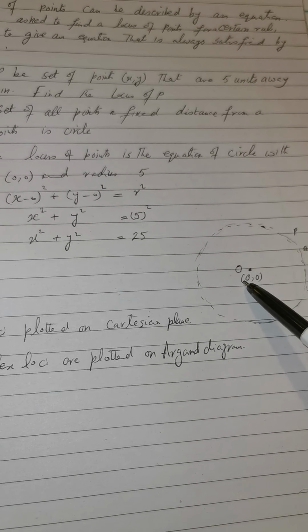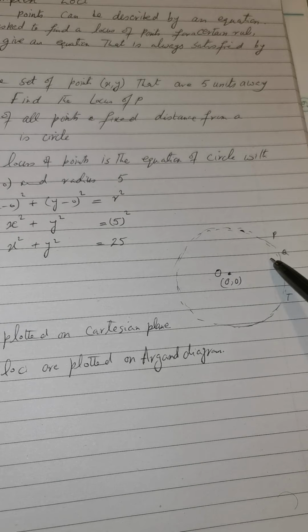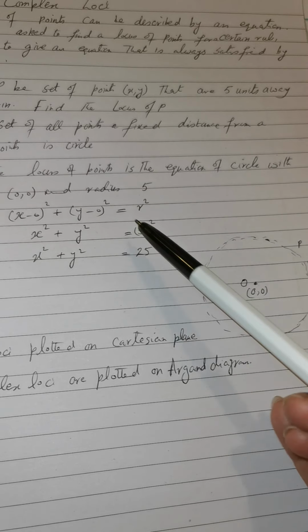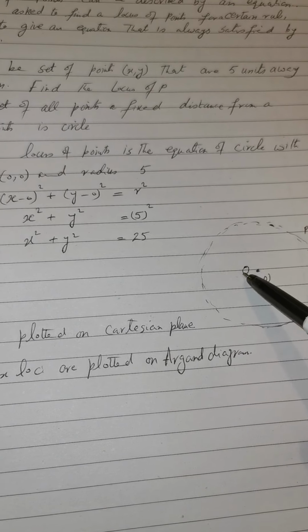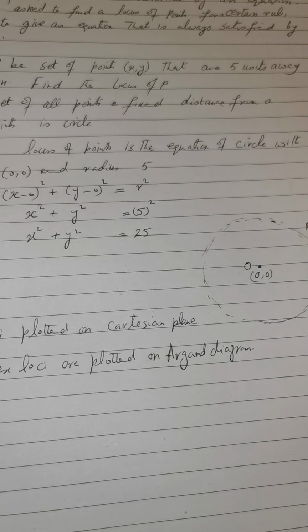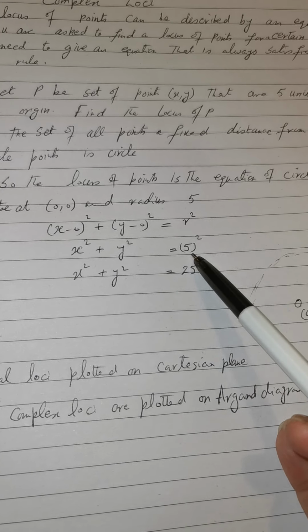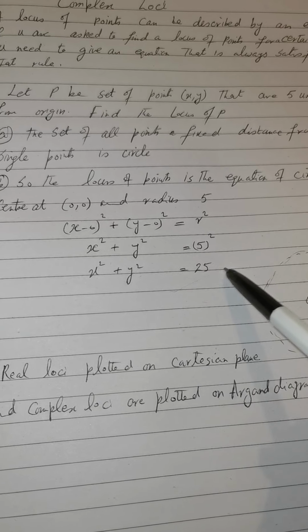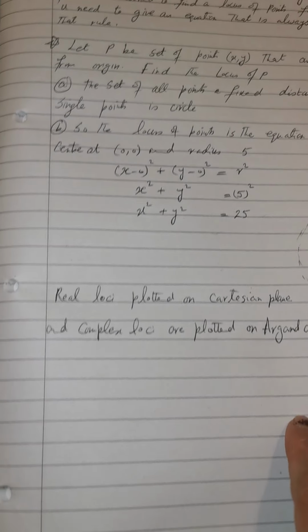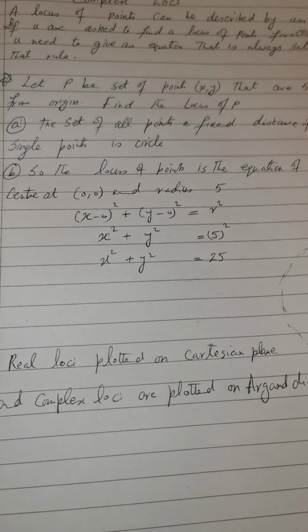So (x minus 0) squared plus (y minus 0) squared is equal to 5 squared, which is the radius of the circle. So we get the equation x squared plus y squared equals 25.